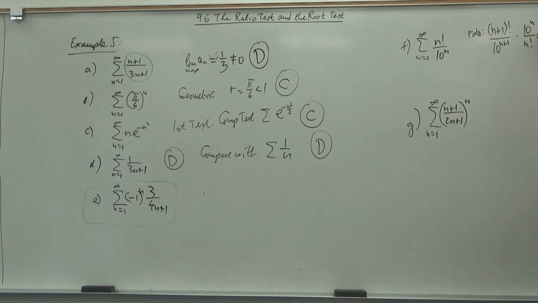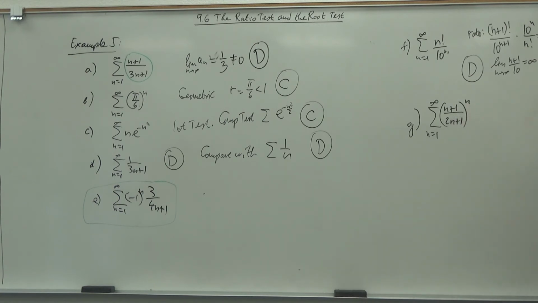So this will be (n plus 1) over 10. When n goes to infinity, you will get infinity, greater than 1. So it obviously diverges. Yes, we could have done it with just the divergence test: take the limit of this, that limit is infinity, and that's it.